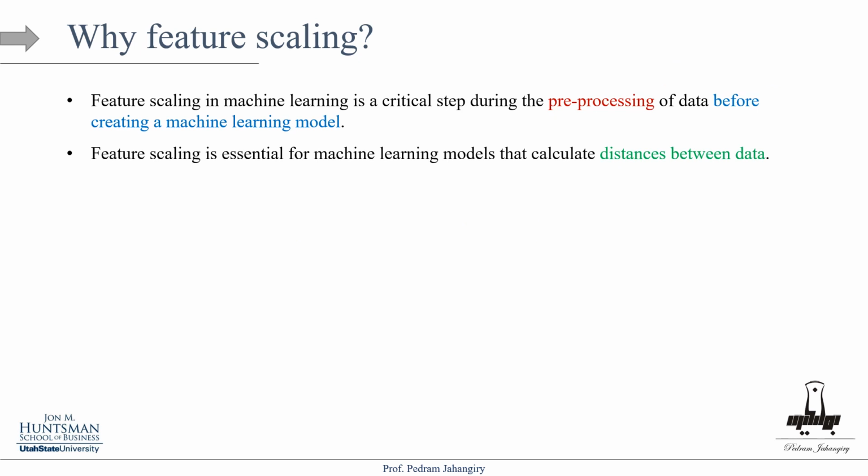So why feature scaling? Feature scaling in machine learning is a critical step during the pre-processing of the data. And we do that even before creating a machine learning model itself, because it is essential for machine learning models that calculate the distance between the data. So for the models where for some reason we need to calculate the distance between observations, we end up scaling the features.